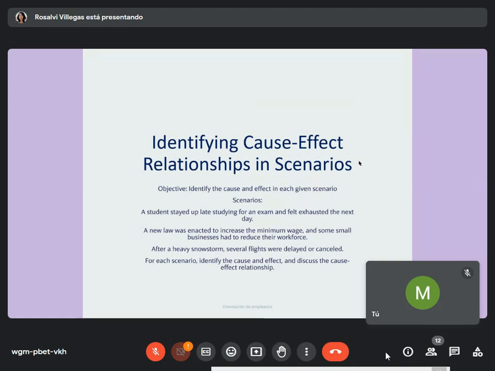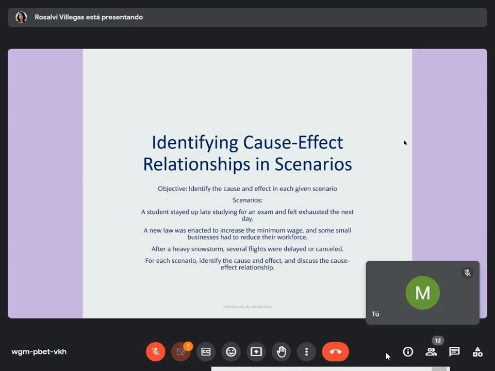Now we're going to do another exercise to identify this type of situations. If we have this sentence: a student stayed up late studying for an exam and felt exhausted the next day. What will be the cause? He could fall asleep in the exam, or he can forget everything he learned 3 hours ago. Of course, that will be the effect of this situation.